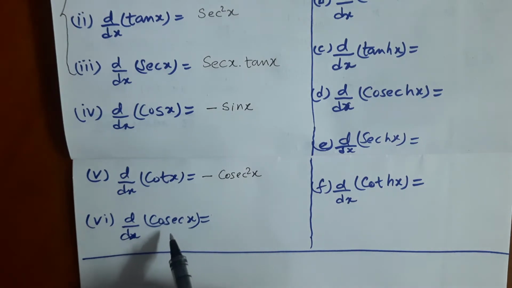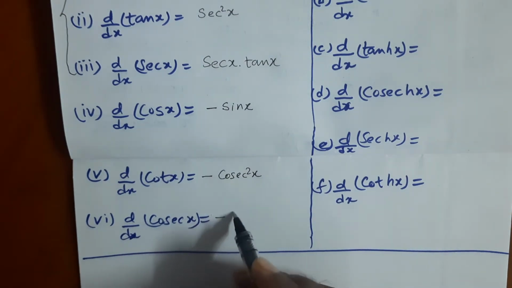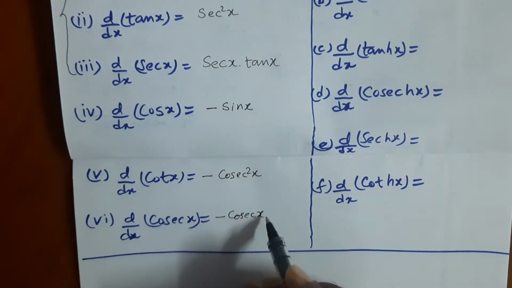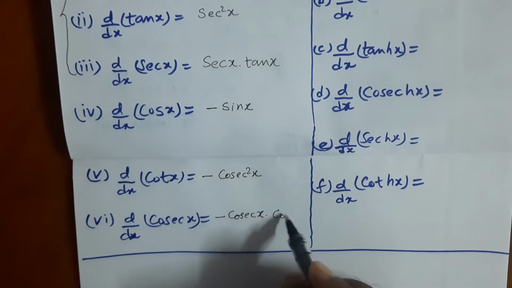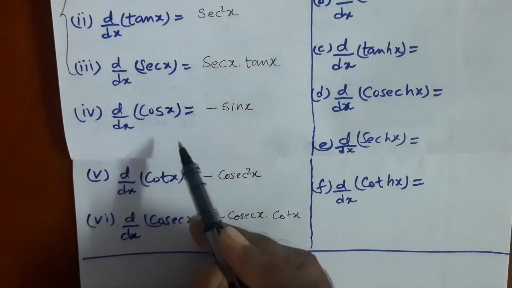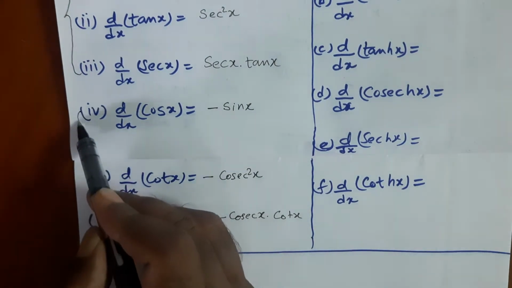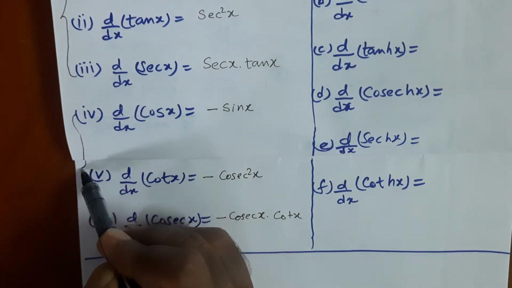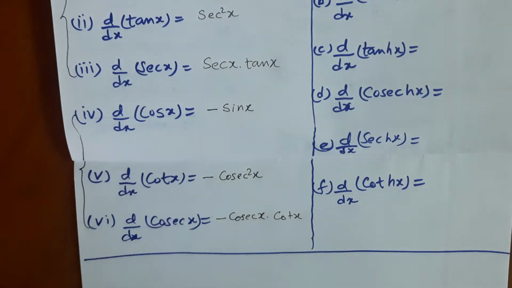The derivative of cosec x is minus cosec x times cot x. So the derivative of the trigonometrical functions starting with c is negative. In this way, we don't have to be confused about where it will be positive and where negative. Otherwise, the remaining parts we need to remember.